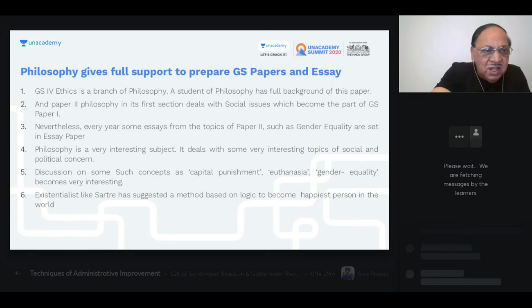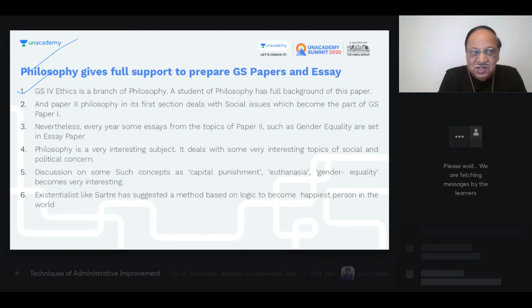Then philosophy gives full support to prepare for the GS papers and essay. It is also very, very helpful to every one of you. GS4 ethics is a branch of philosophy, which I have already explained. There are four branches of philosophy: metaphysics, epistemology, ethics, and logic.